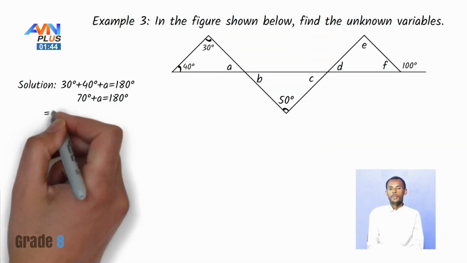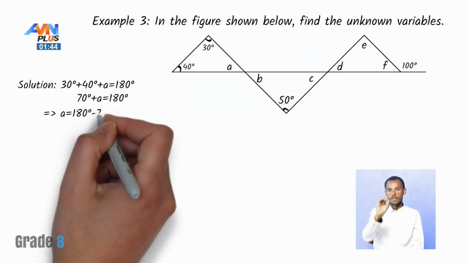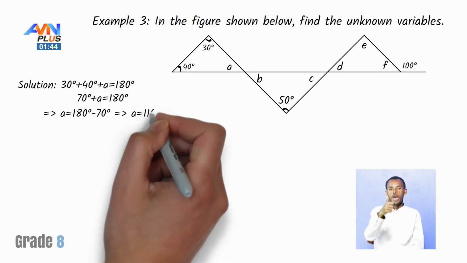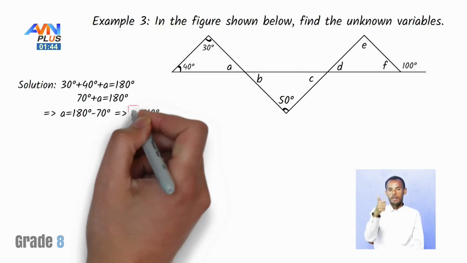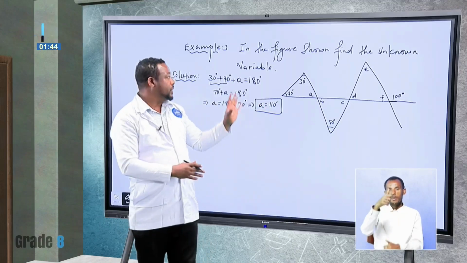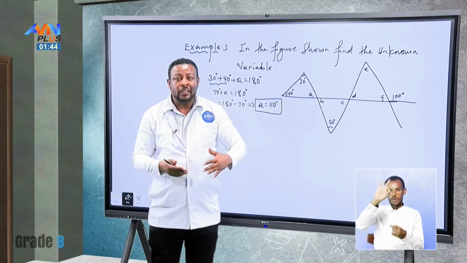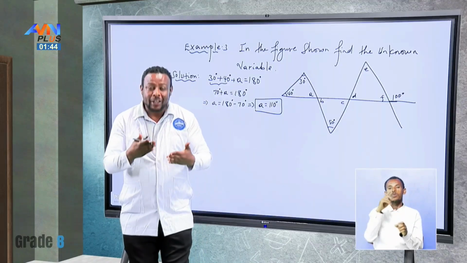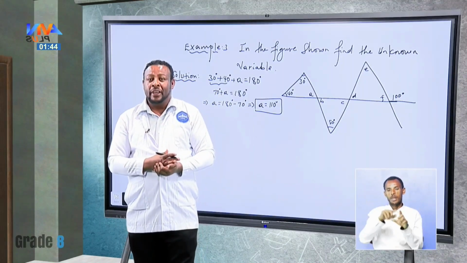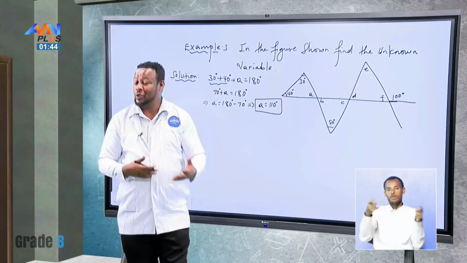So the value of A becomes 180 degrees minus 70 degrees. This implies A is 110 degrees. We have the value of A from this, right? To obtain this angle, you need to apply the concept of vertically opposite angles, right? Do you remember what vertically opposite angles look like?